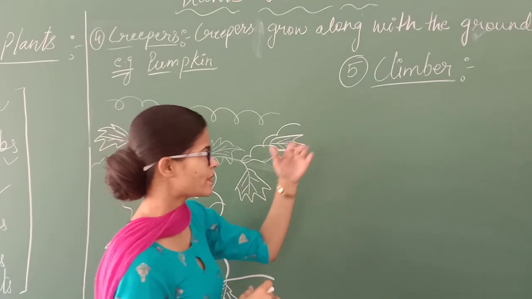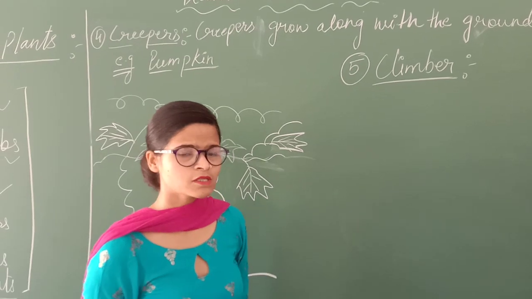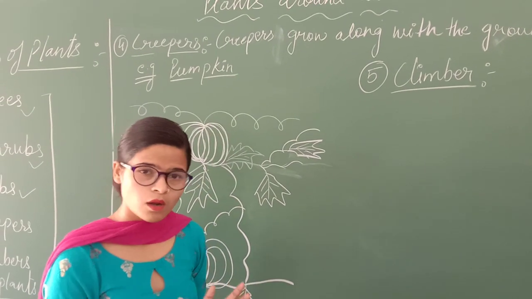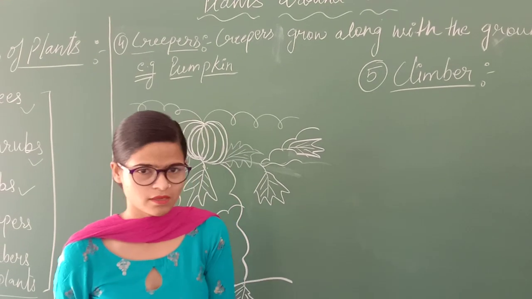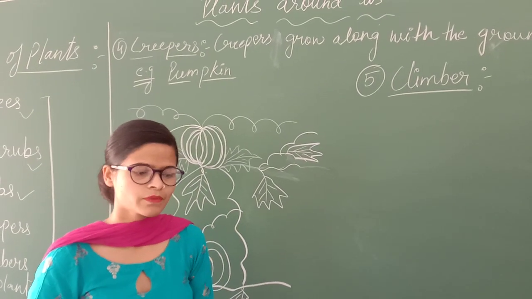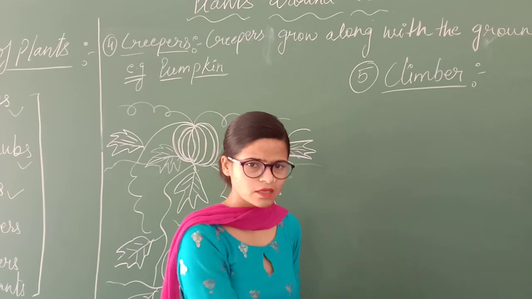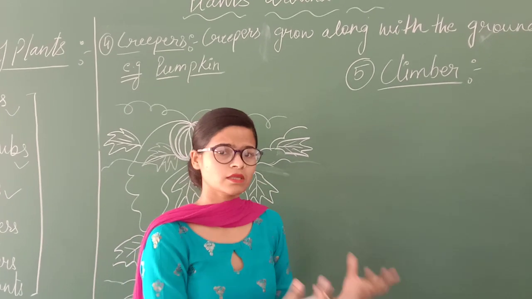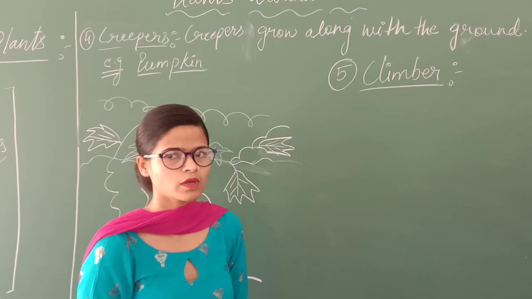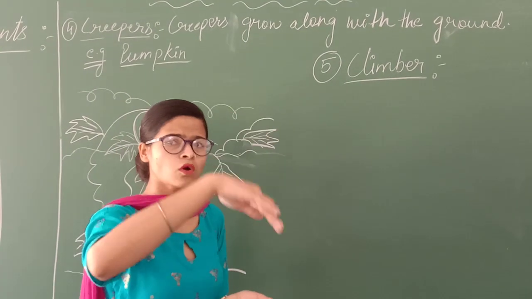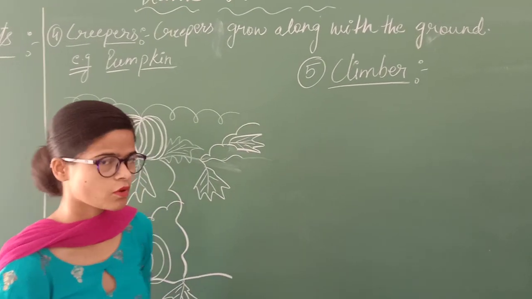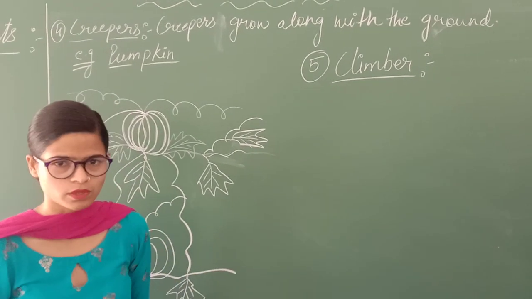Okay? So what these plants do? These plants grow along with the wall, with the help of wall or with the help of stick. Okay? Or with other plant also. With the help of other plant. They take help. Okay? So that they can stand, they can grow along with them. Okay? But they prepare their own food.